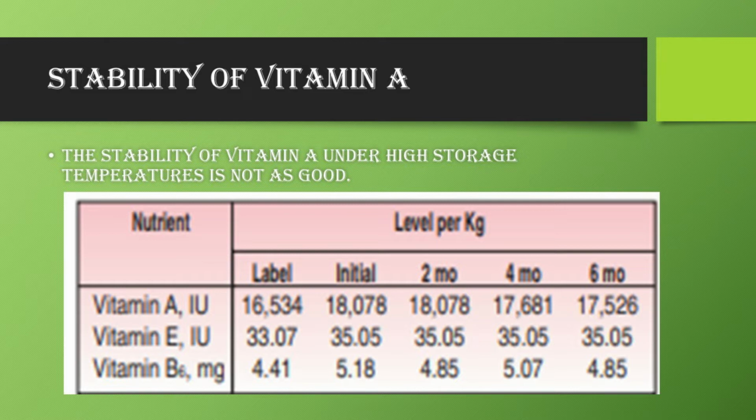Vitamin A is relatively stable to heat in the absence of oxygen because of the highly unsaturated character of the molecule. It is quite susceptible to oxidation, especially under the influence of light, whether sunlight or artificial light. Vitamin A is unstable in the presence of mineral acid, but stable in alkali.